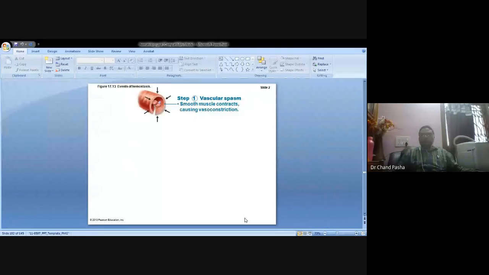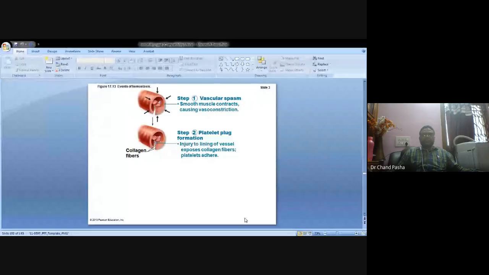Whenever there is an injury, external charges are lost, ADP binds to the platelet cells, and they bind to the fibrins, and platelet to platelet, fibrin and platelet to endothelial cell attachment takes place, which leads to this plug formation.